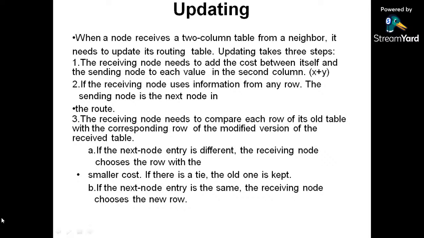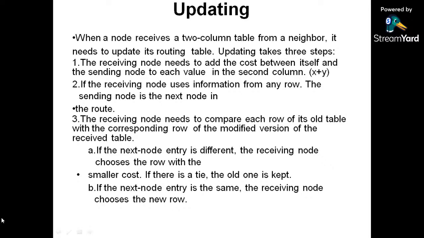Updating takes steps. First, the receiving node needs to add the cost between itself and the sending node to each value in the second column. So we can say that is x plus y. If the receiving node uses information from any row, the sending node is the next node in the route.